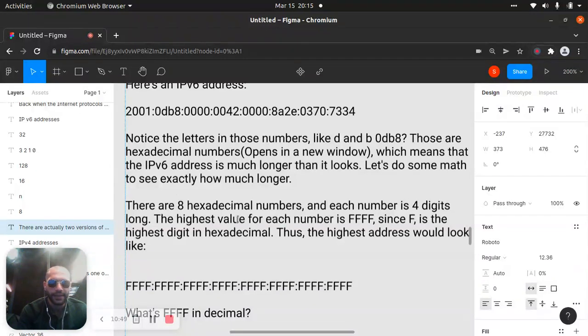There are 8 hexadecimal numbers, and each number is 4 digits long. The highest value for each number is FFFF, since F is the highest digit in hexadecimal. But we will check all these details step by step.